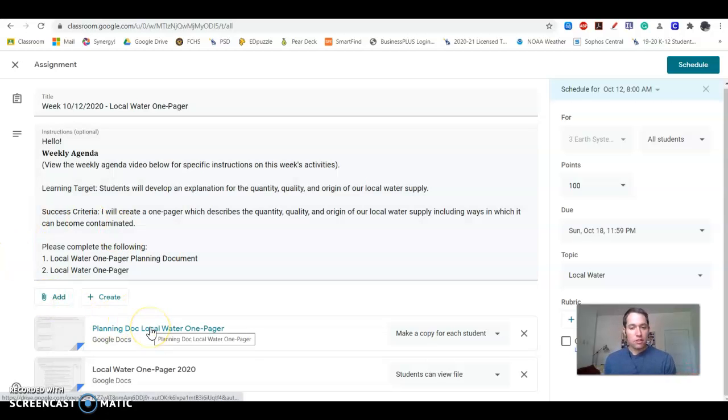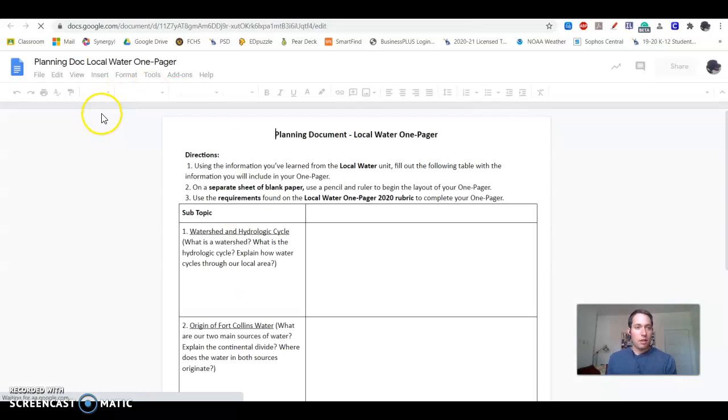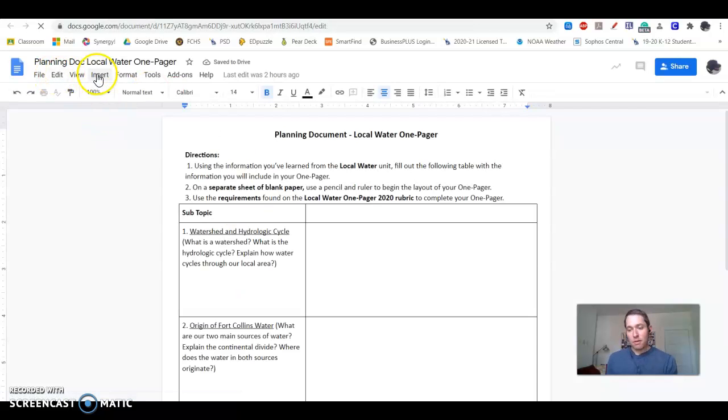So our first step this week is to do some planning for our one-pager before we just jump right into it. And so you each have a copy of this planning document about the local water one-pager. Okay, and so there's directions. You're going to use the information that you've learned over the past several weeks, and you're going to fill out the information which you're going to be writing on your one-pager.